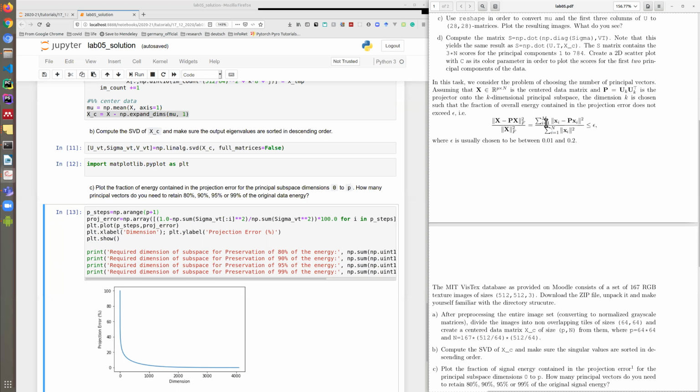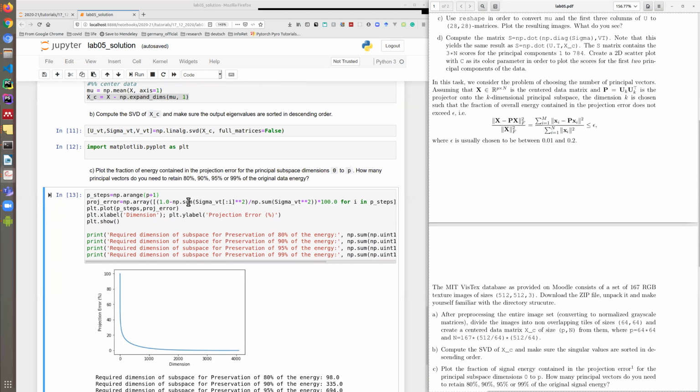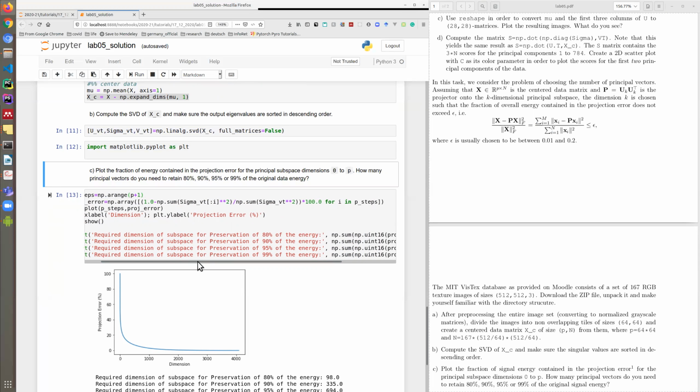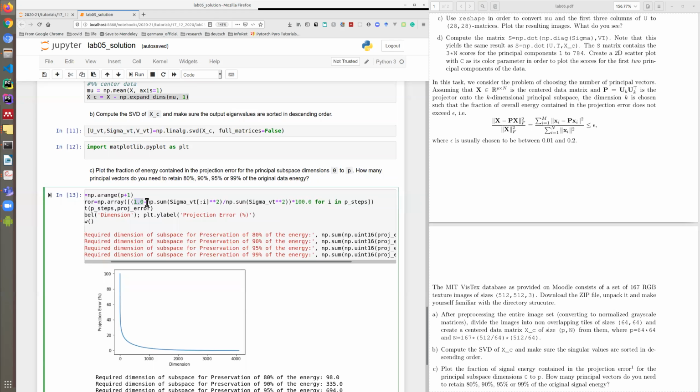So we sum over all, from i equal to 1 to m, and we calculate a Euclidean distance between xi and the projected value of xi. This is what we are doing here. Yeah, and we use one minus because we want to invert the results. We want to look in terms of 80 or 90, not in terms of 0.2 or 0.1.